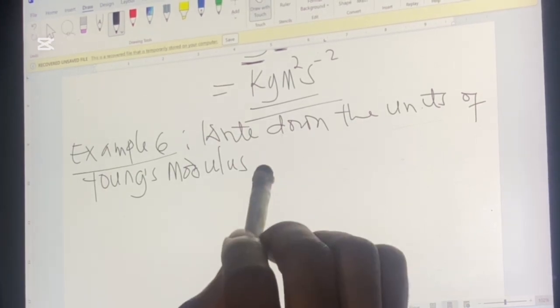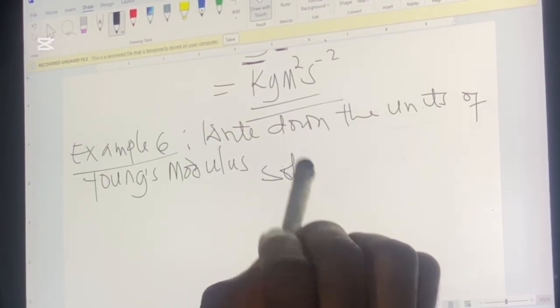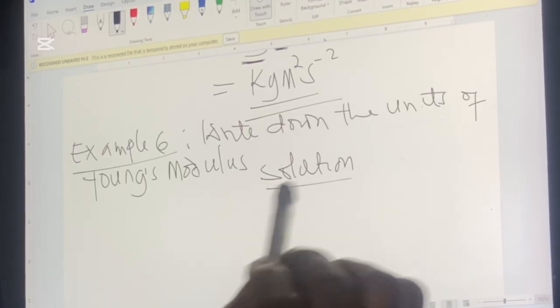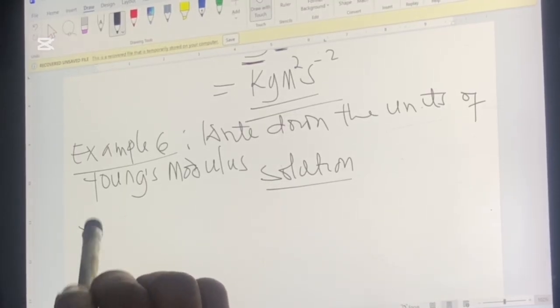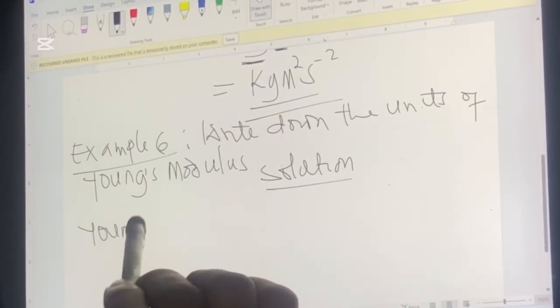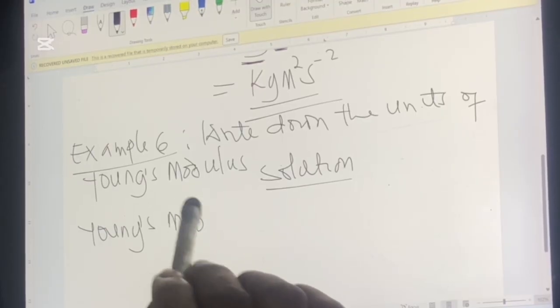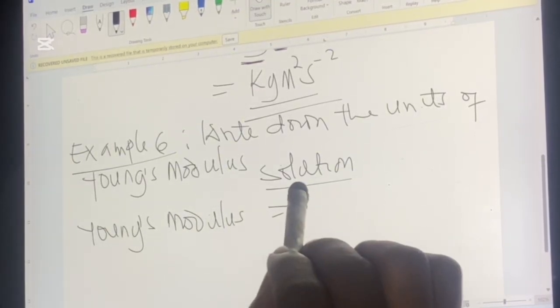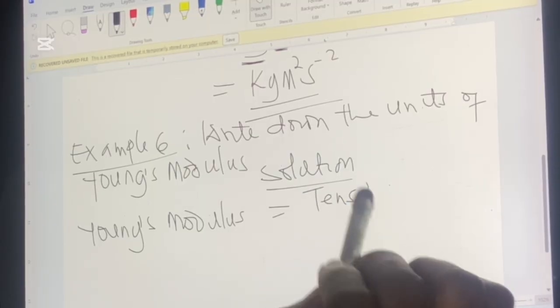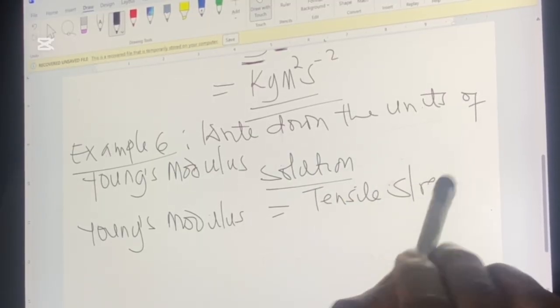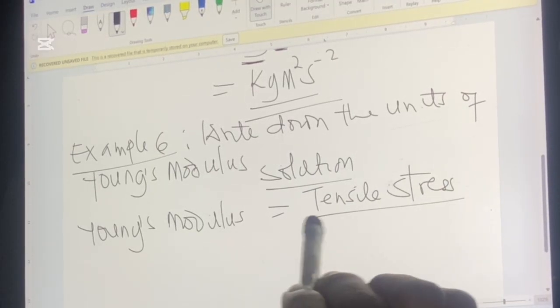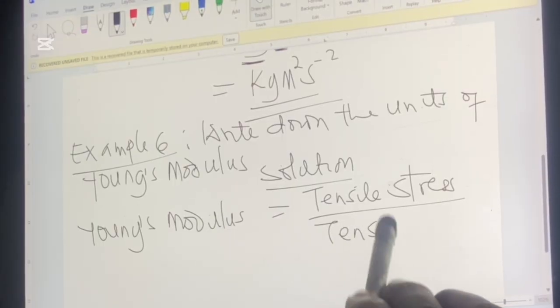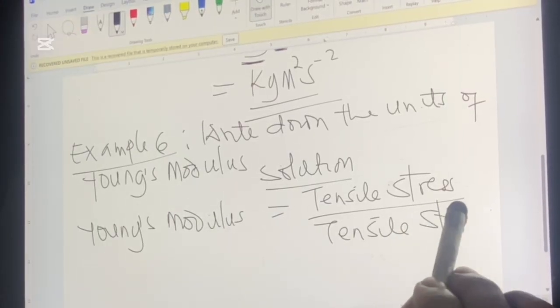So solution, let's solve this question together. So the formula for Young's modulus is equal to tensile stress over tensile strain.